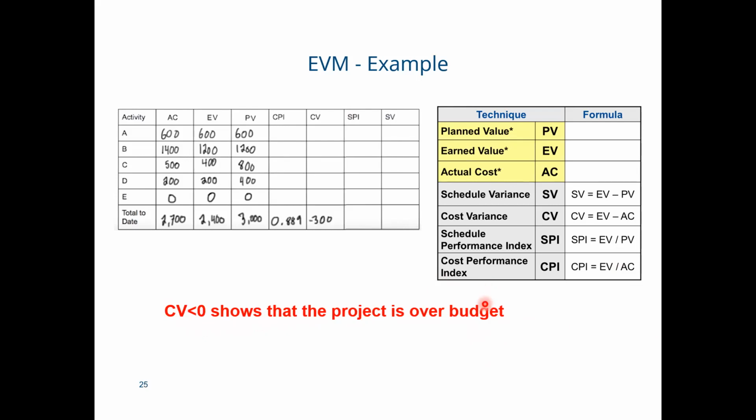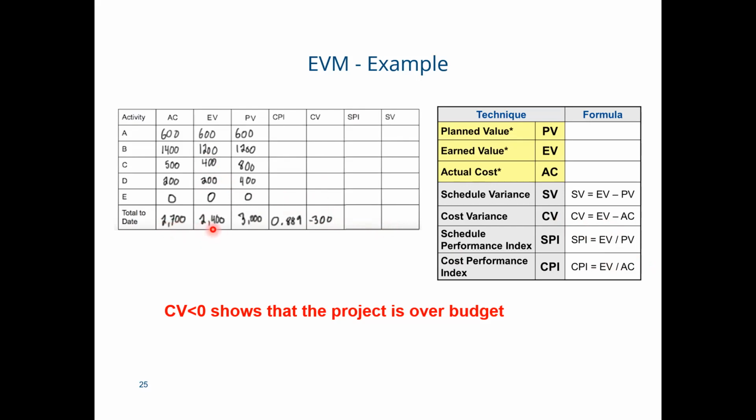Next, we need to calculate the cost variance or CV, which, if you see here in the table, is the earned value minus the actual cost. We can do it directly, and as I told you, we can do it individually as well. So we have the earned value $2,400, and our actual cost is 2,700.